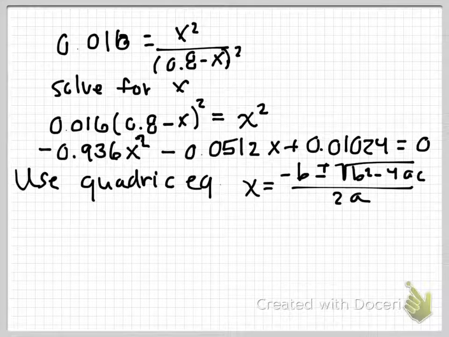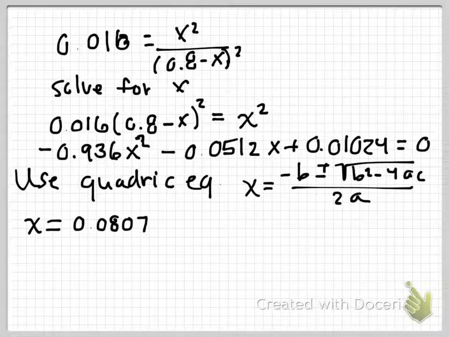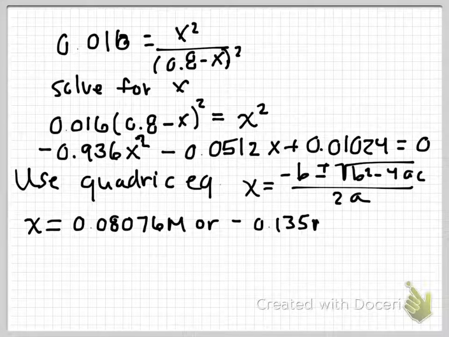In a homework situation, I encourage you to use online calculators to solve this. It can be tedious, but you should be comfortable with it. When you put it into the quadratic formula, you solve that x is equal to 0.08076 molar or negative 0.135 molar.